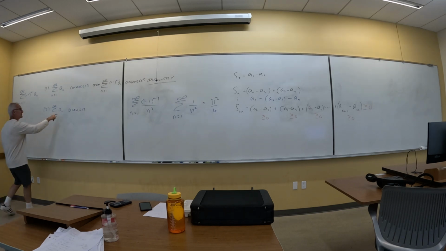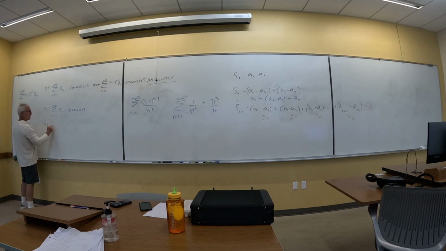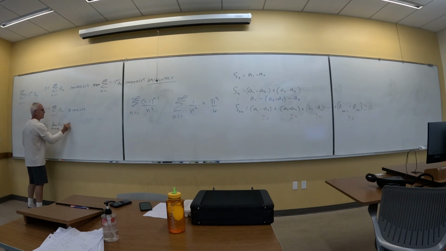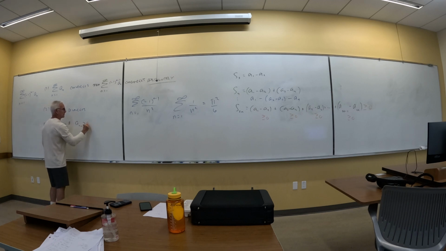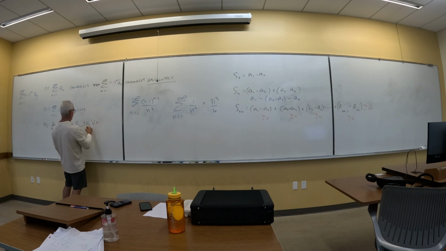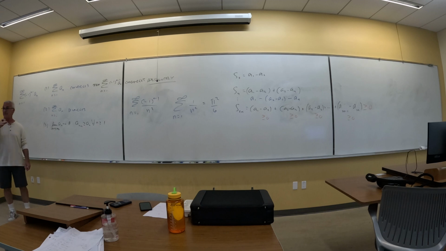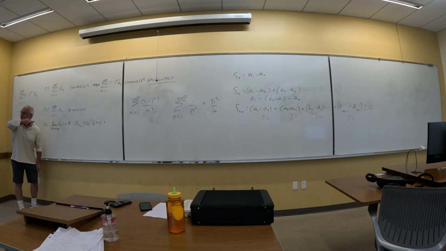So now, this guy diverges, but the limit as n goes to infinity of a_n is 0, and a_(n+1) is less than or equal to a_n for all n. This is pretty much for all n, period. This has got to start from the very first term. Every term has to be getting smaller as we go. That means I just passed the nth term test.